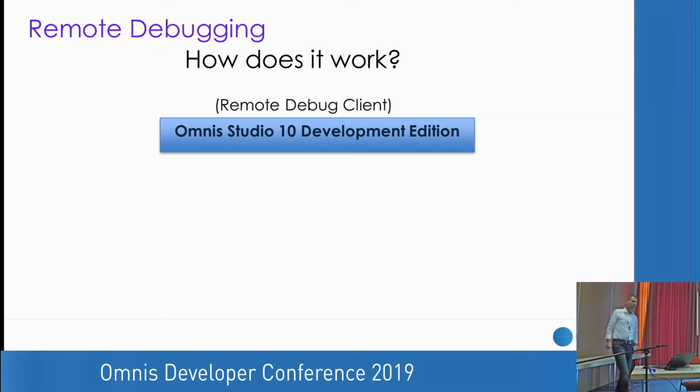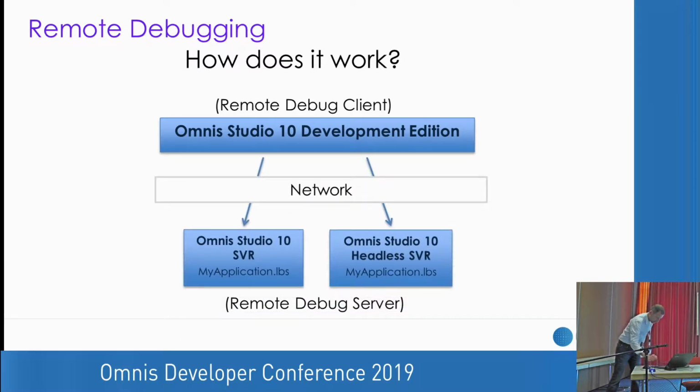How does it work? You use a Studio 10 development edition to access another copy of Omnis, which can be an Omnis Studio 10 server or an Omnis Studio 10 headless server running on Linux, for example, over the network or over the internet.